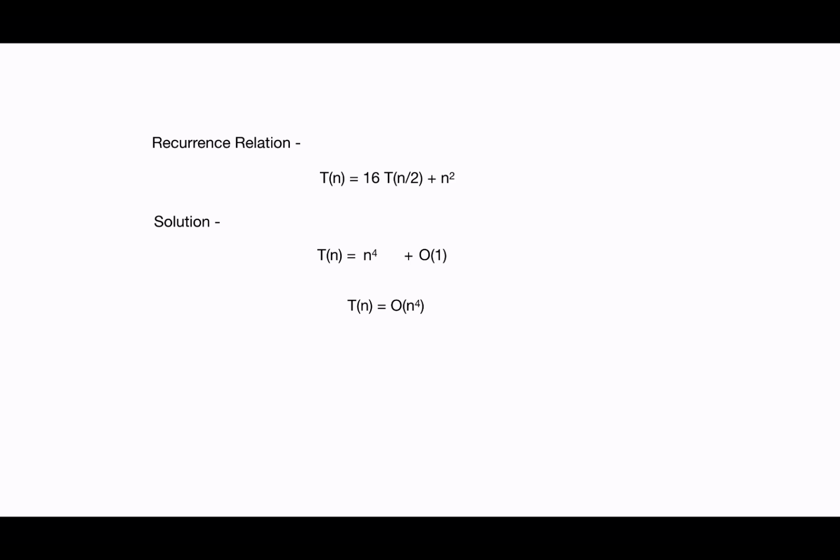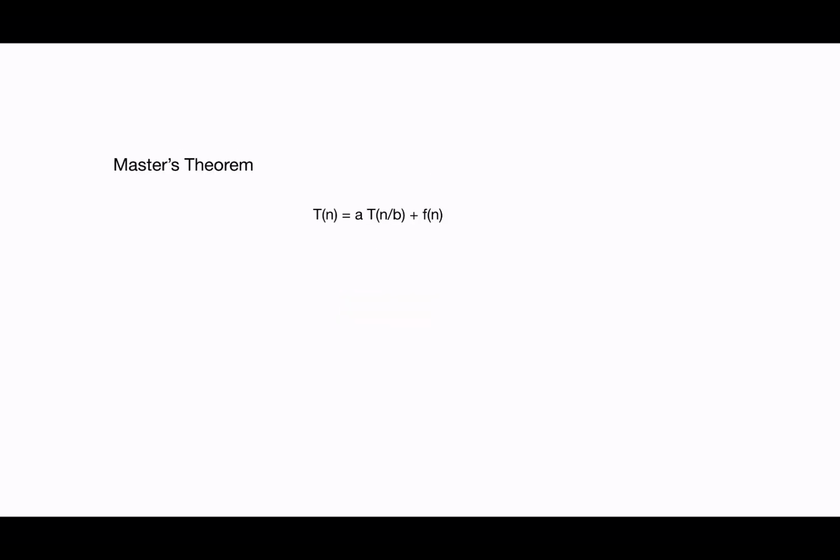And also don't forget to check the form of the recurrence relation. It must be T(n) = aT(n/b) + f(n), where a must be greater than or equal to 1 and b must be greater than 1.